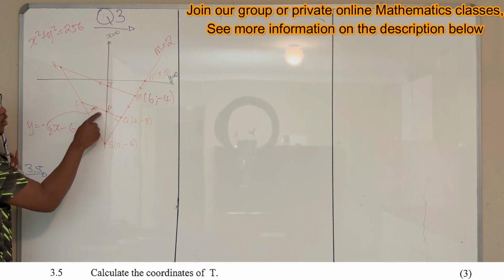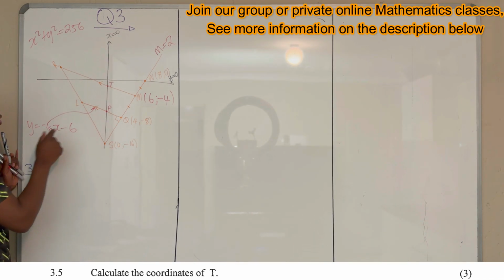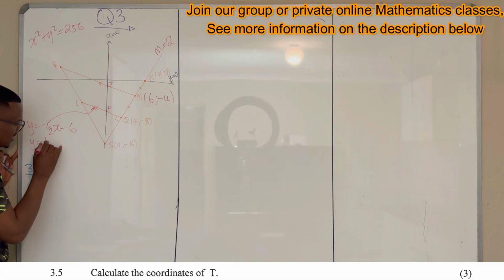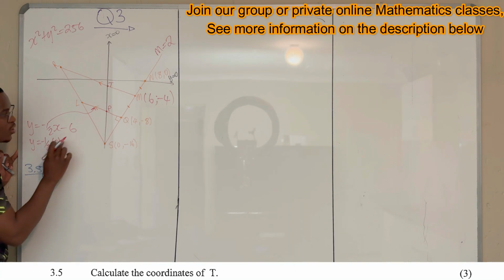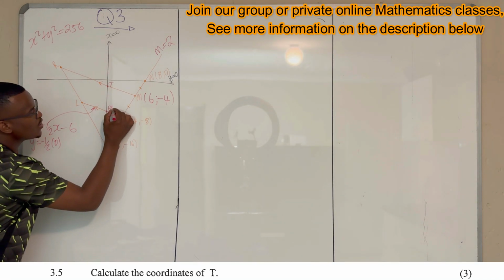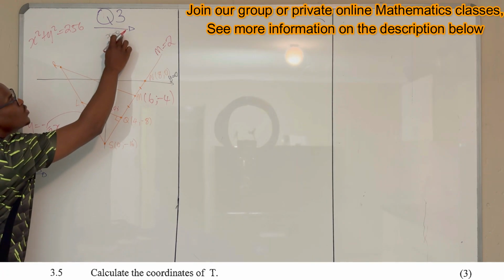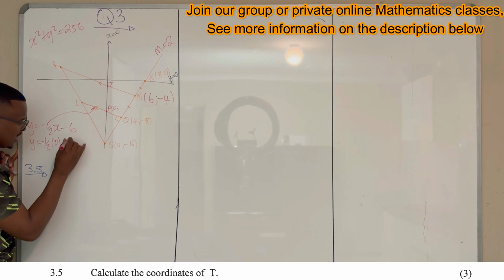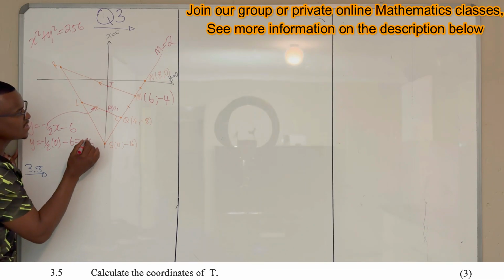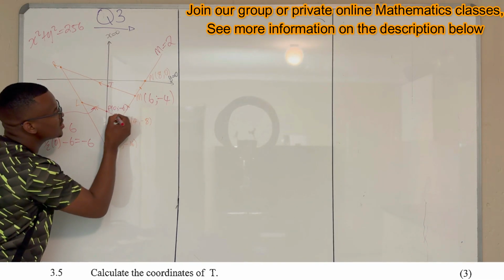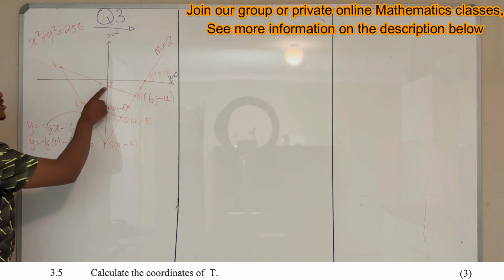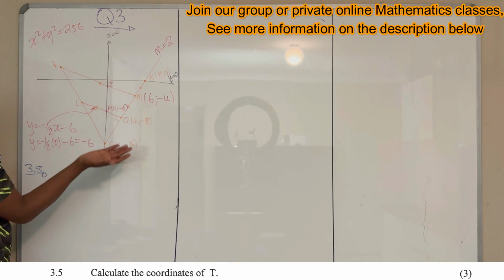So on the equation of LQ, here's what we would say: y is equal to minus half of 0, because at that point P, we know x is 0, minus 6. So our y value will come out to be minus 6, which means the coordinates of P are 0 and minus 6. So if you want the coordinates of T, you're going to use the same or a similar method.